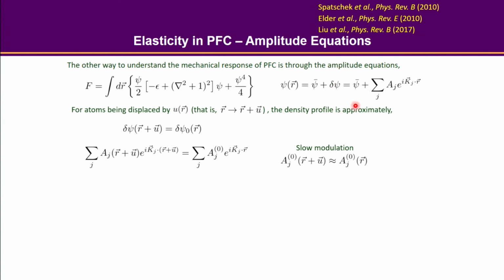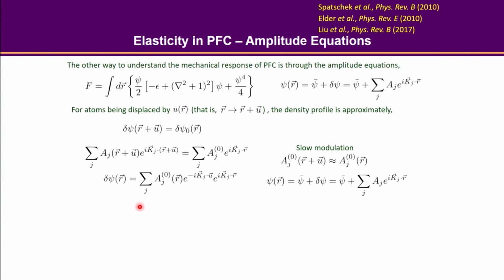And in the amplitude equation, the amplitude modulation is always small, right? It only changes on the scale of the interface. So one of the approximations is saying the amplitude itself does not change that much, especially since the displacement is usually small. So a good approximation is saying the amplitude does not change, although there's a deformation associated with the solid.